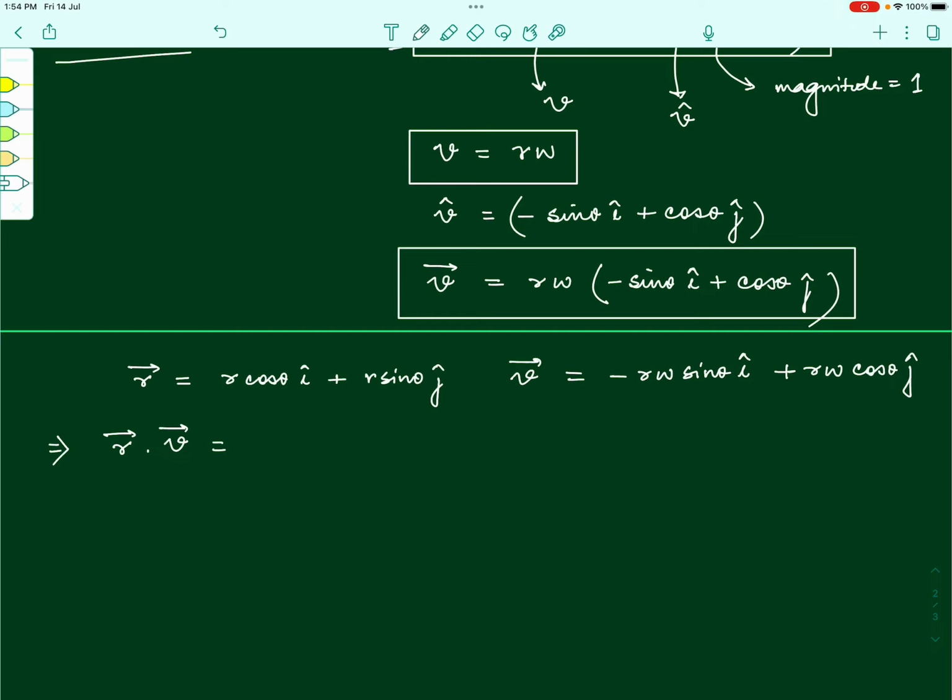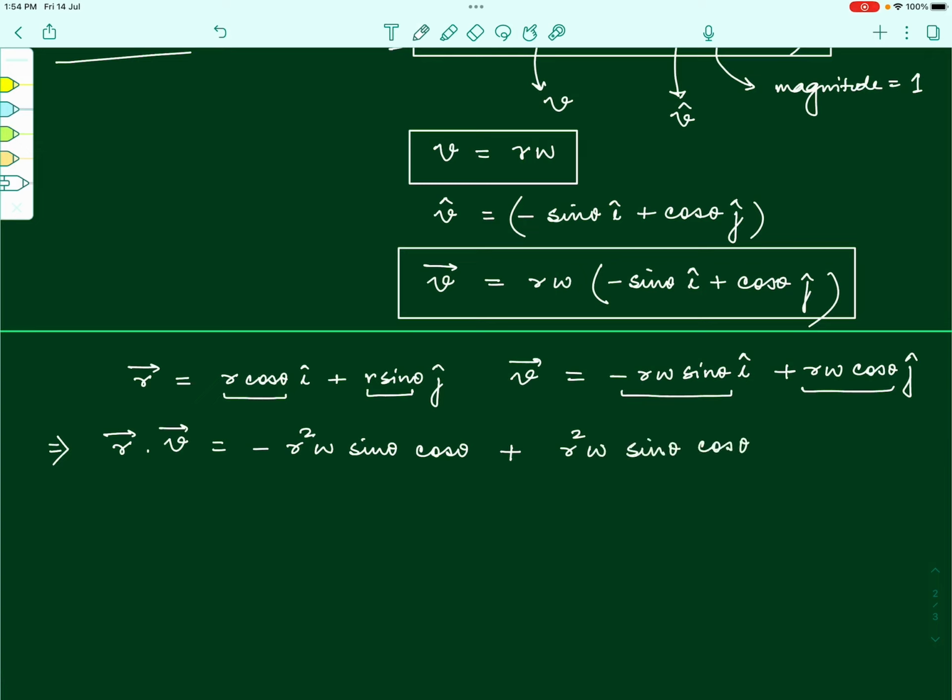By using the relation a dot b is equal to ax bx plus ay by, here we will have r cos theta times minus r omega sin theta, which will be minus r squared omega into sin theta cos theta, plus ay by, which will be r sin theta into r omega cos theta, which will give us r squared omega into sin theta cos theta.